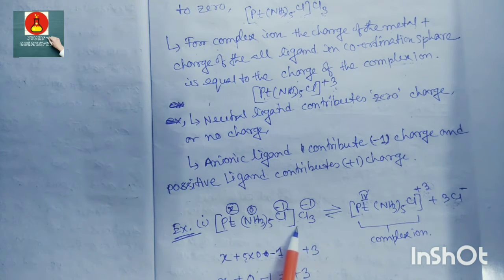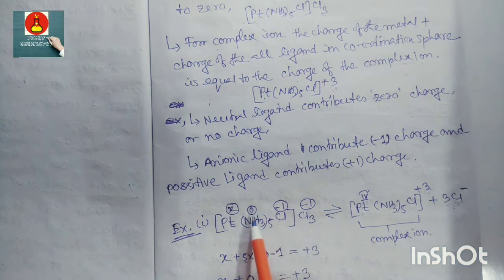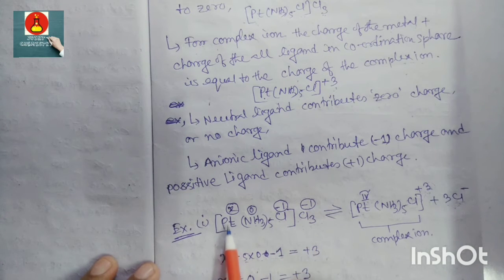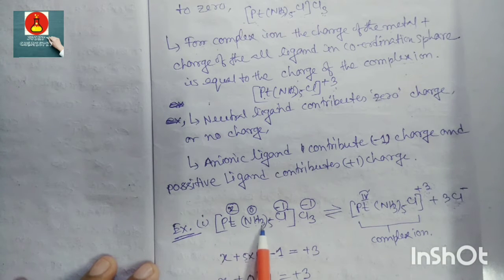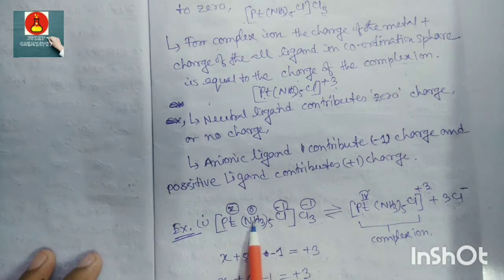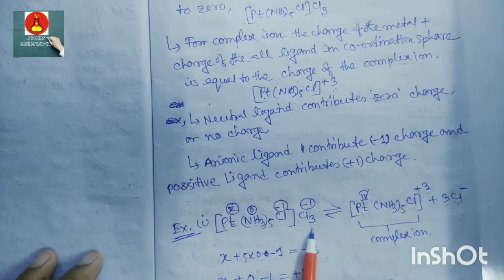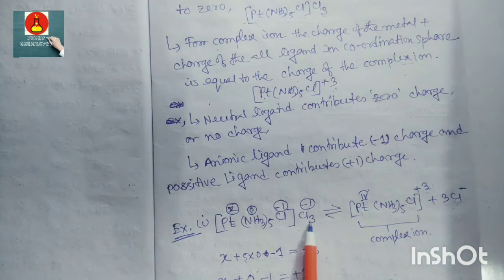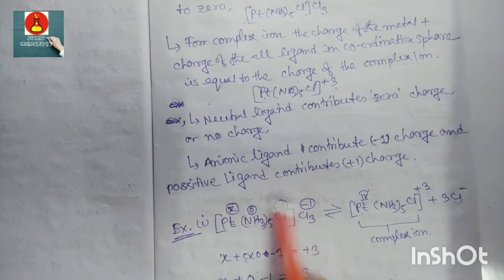Here I mentioned their individual charges. We have to calculate the charge of the platinum, that's why I mentioned X here. Ammonia is NH3, a neutral ligand, right? So it will contribute 0 charge. In this coordination sphere there is a chlorine ligand, which is an anionic ligand, so it will contribute -1. And outside of this coordination sphere, in the ionization sphere, there are 3 chlorine ions, and each of them will contribute -1 charge, right?